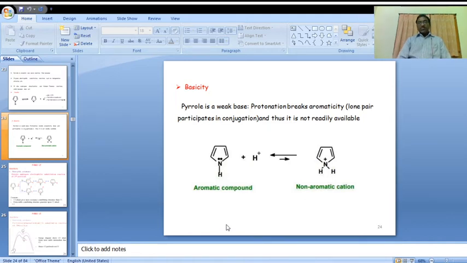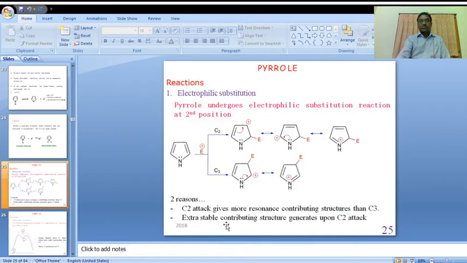Pyrrole is a weak base. Protonation breaks aromaticity. The lone pair participates in conjugation and thus it is not readily available. This is about the basicity character of pyrrole.